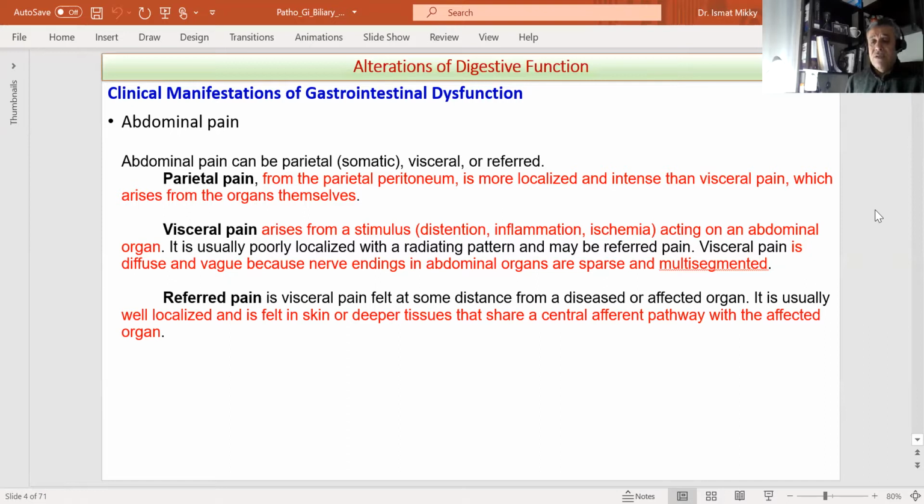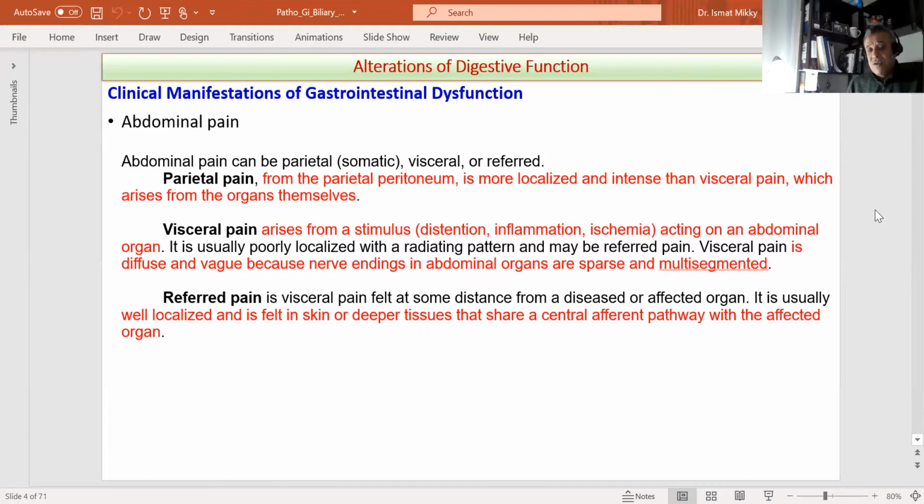Parietal pain lateralizes, which means it affects one side of the body, because the parietal peritoneum is innervated from only one side of the nervous system.